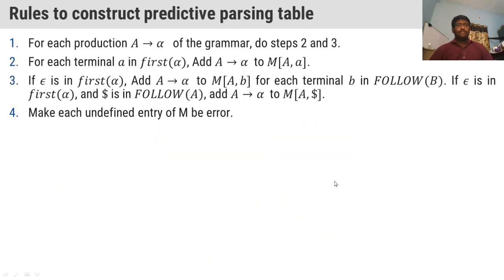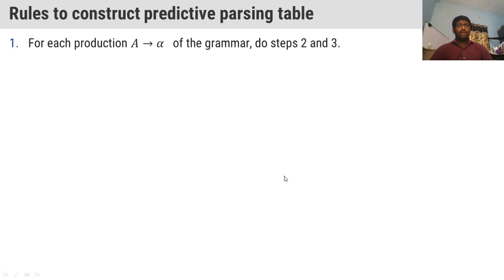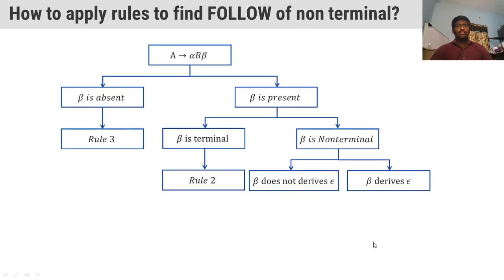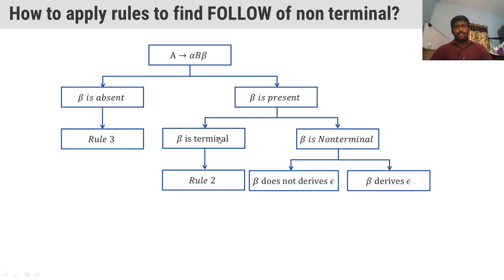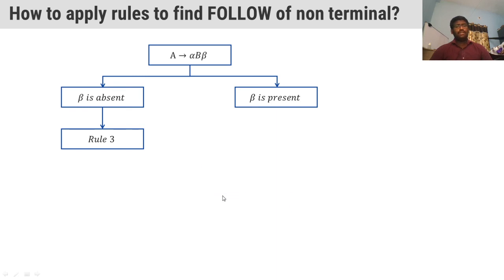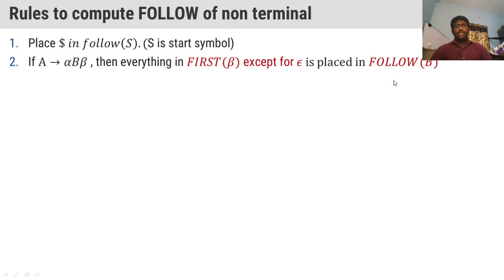Try to understand what the third rule is. If beta is present and beta is a terminal, we simply apply rule 2. What is rule 2? Follow of capital B is equal to first of that terminal. That first terminal we will add to the follow set.